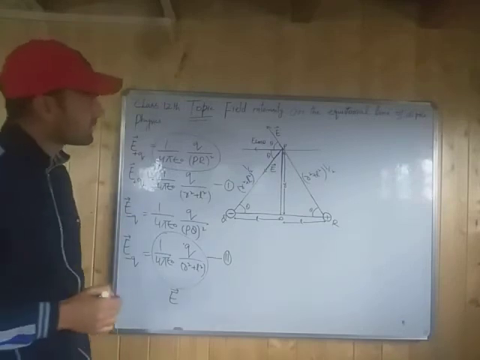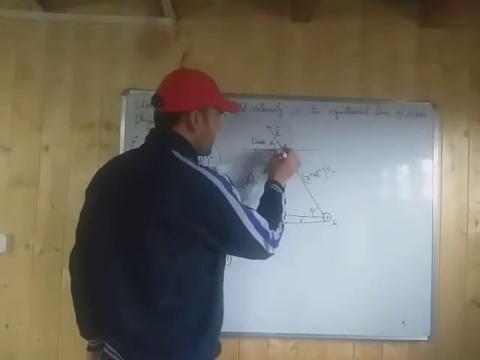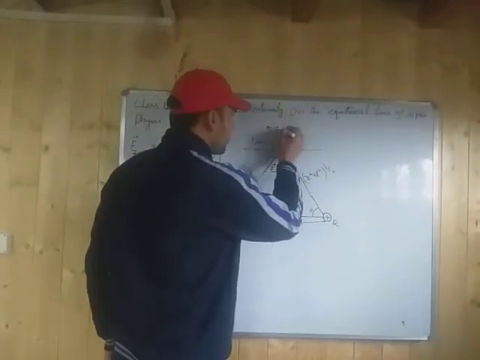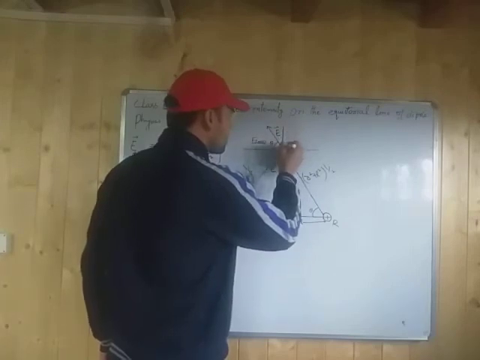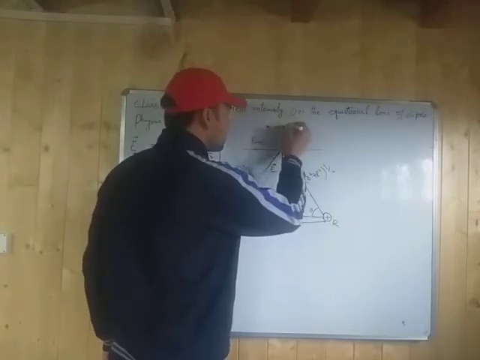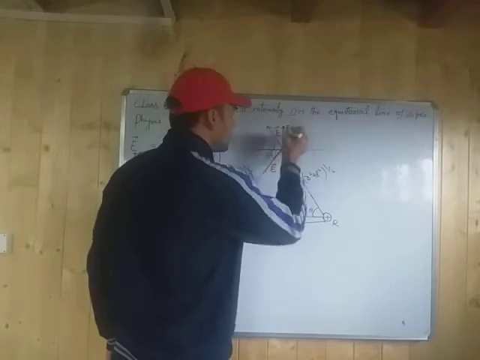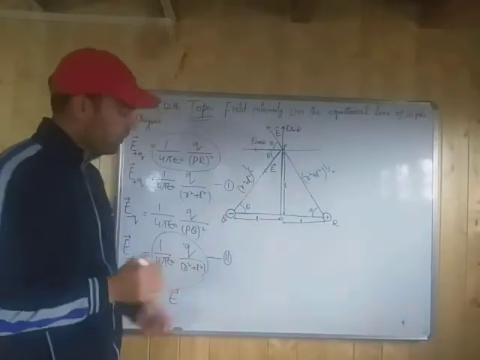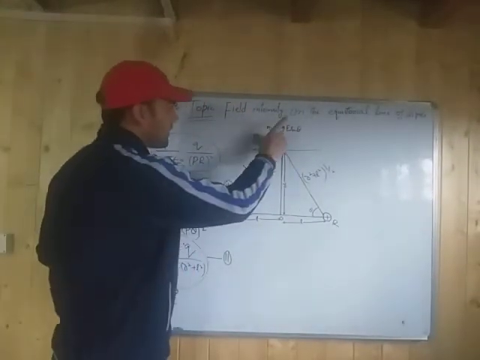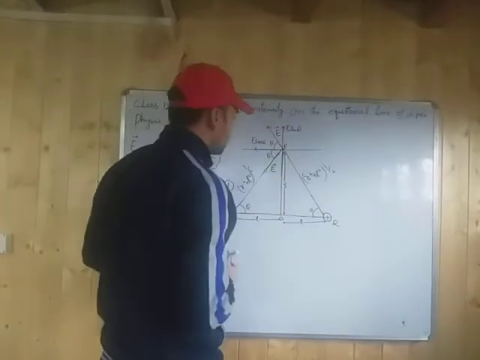Similarly, the other component, perpendicular to this, will be E sine of theta. So both the components are perpendicular to each other.